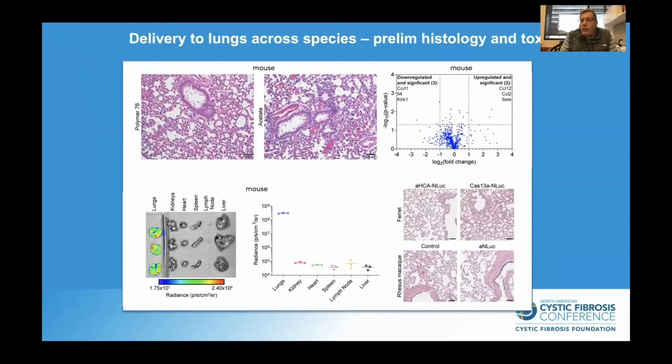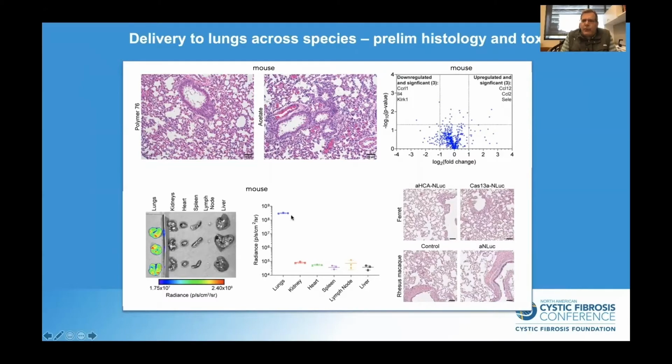And essentially we found about six genes that were regulated and significant, 3 that were downregulated and 3 that were upregulated. So really a very small number of genes that were modulated in the face of delivery. So that's really good to see.